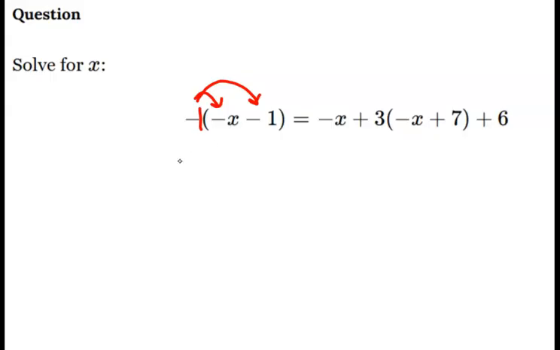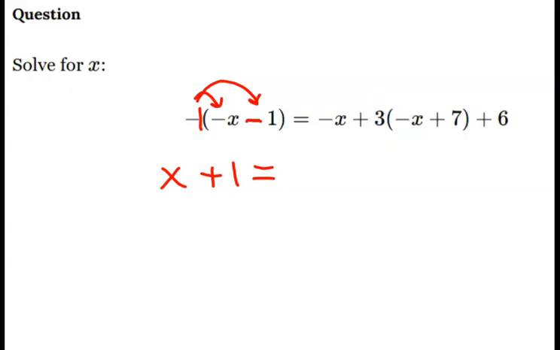-1 times -x is positive x, and -1 times subtraction 1 is the same as -1 times -1, which is a positive 1. On the right-hand side, this -x is not the distributing value. The distributing value is only the item that's touching the parentheses, and that's this positive 3.